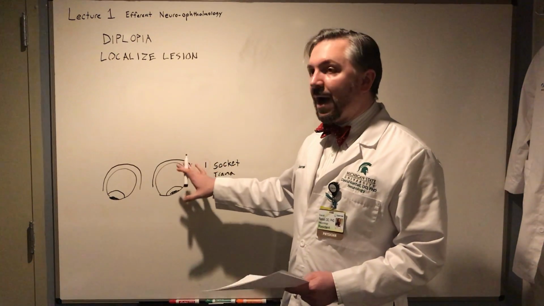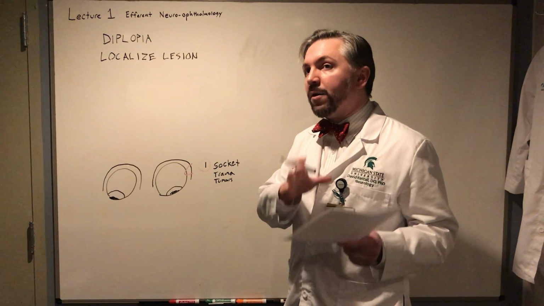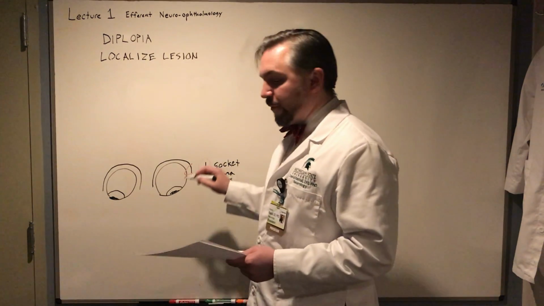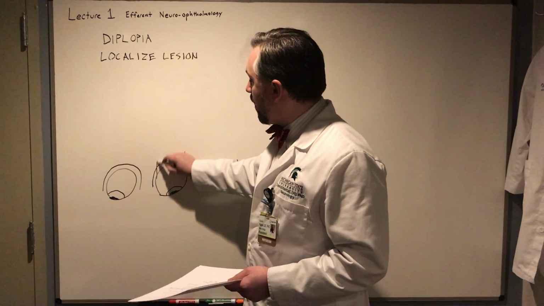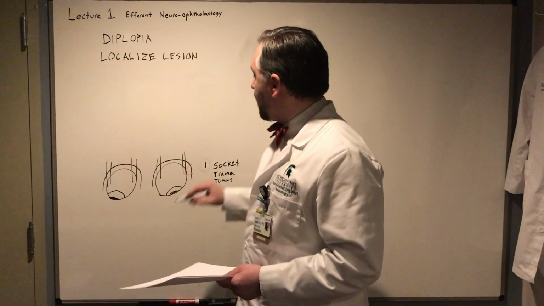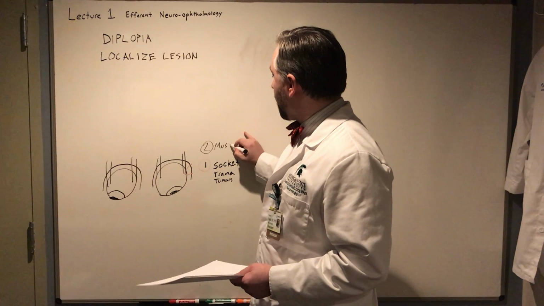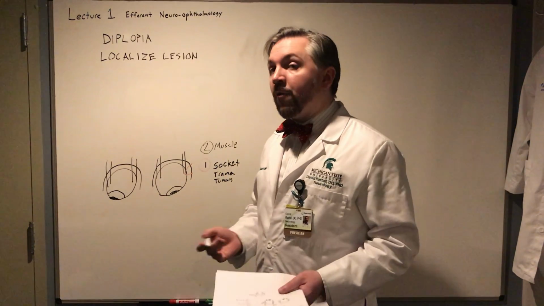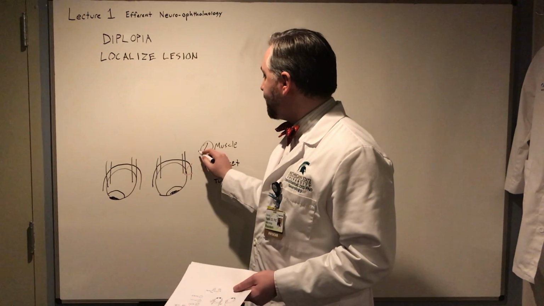It'll simply be one eye cannot move in one particular direction because something is physically restraining it or the muscles that move it. Number two, each of these muscles themselves can have a problem. We'll be going over some diseases that can cause problems in the muscle, or again, it can be trauma.